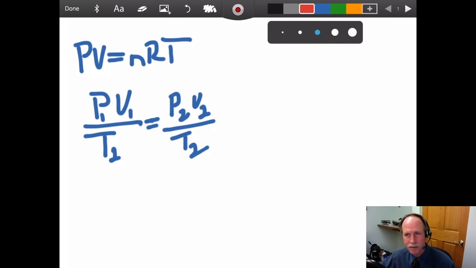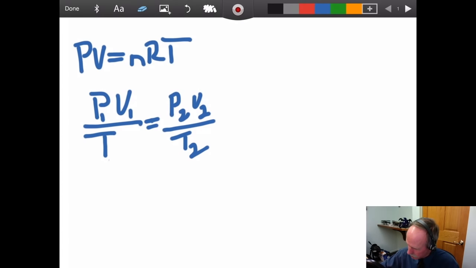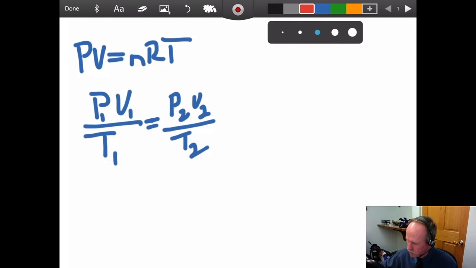Okay, now here's a neat little trick that you can remember. So this is the combined gas law. We start off with the ideal gas law of PV equals nRT. We hold n and R constant, so it becomes PV over T equals a constant. So P1 V1 over T1 equals P2 V2 over T2. Pretty simple, huh? Now, let's go ahead and make some changes to it.